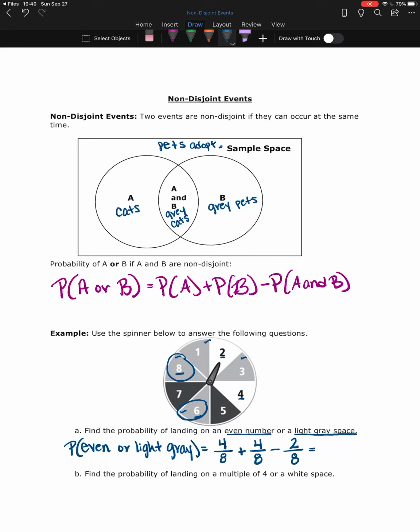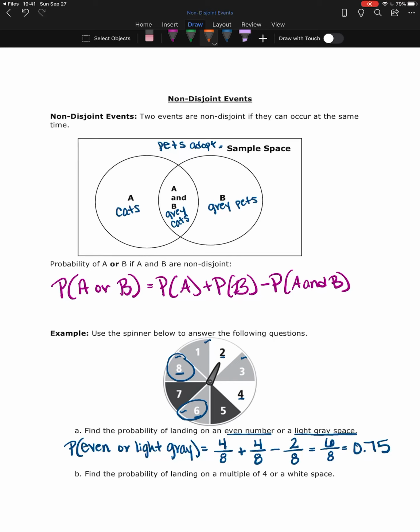Working with fractions, all the denominators are the same, so it stays over 8, and then just look at the numerators. 8 minus 2 is 6 over 8, 0.75. So the probability that I land on an even number or a light gray space is 0.75.